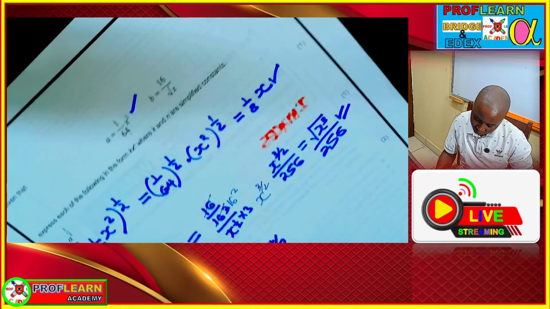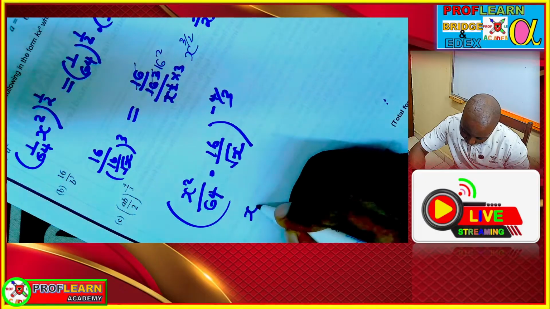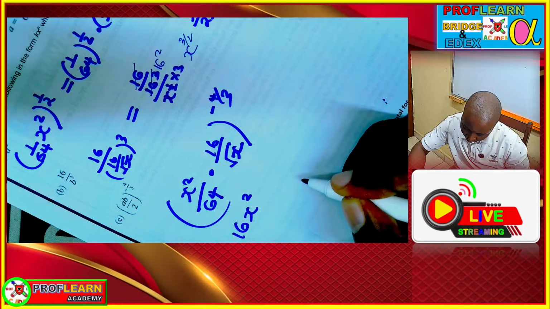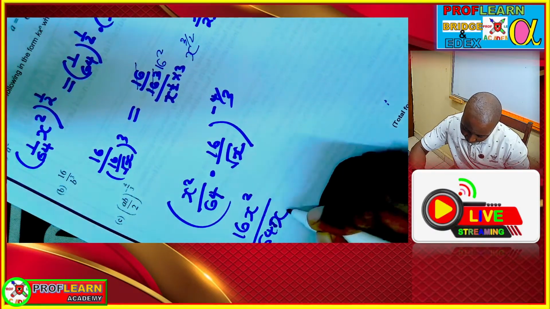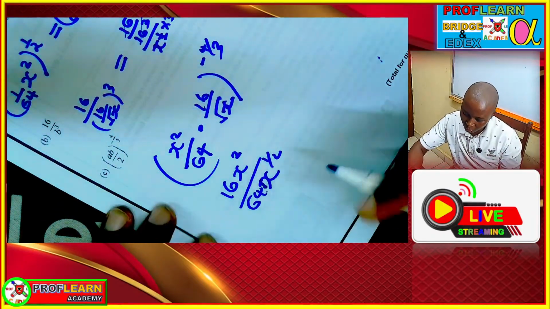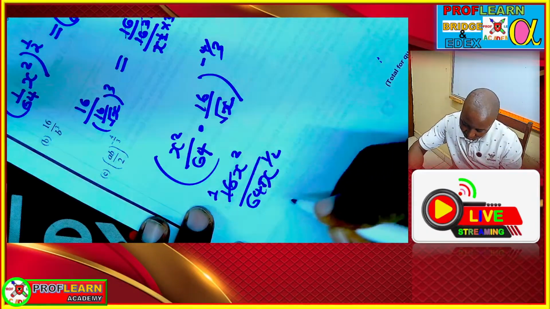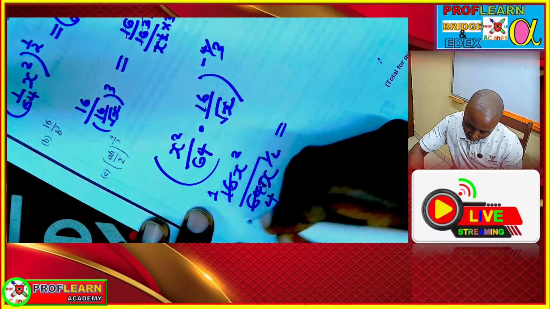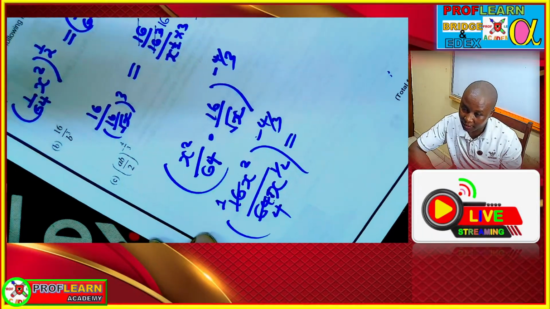I will simplify first. So this is going to be x raised to power 2, and then we shall have our 16 there. Then we have 64 x raised to power a half. I'm doing that so that I can cancel here, because 16 will go here once, 16 will go here 4 times, and remember we are having negative 4 over 3. Don't forget that.